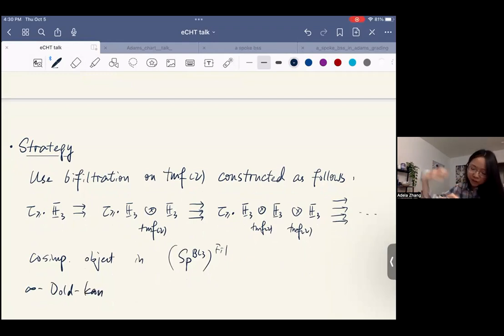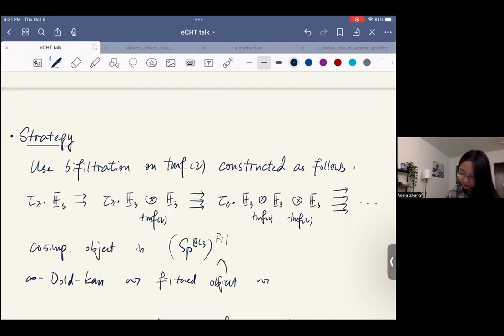So we transform this co-simplicial object into a filtered object in here. Therefore, it requires a bifiltration. As a result, we get a bifiltered object, which I just denoted by Whitehead atoms. Whitehead is the direction of the Whitehead tower, and atoms is the direction that comes from this infinity category called correspondence. So this is the bifiltration.